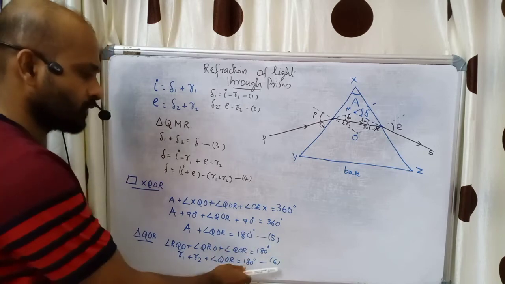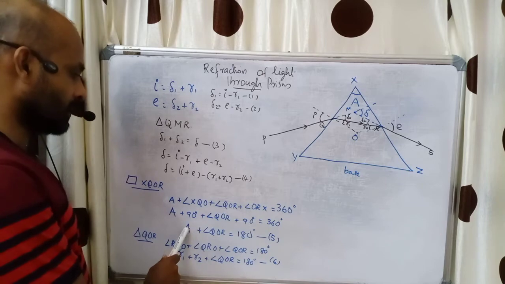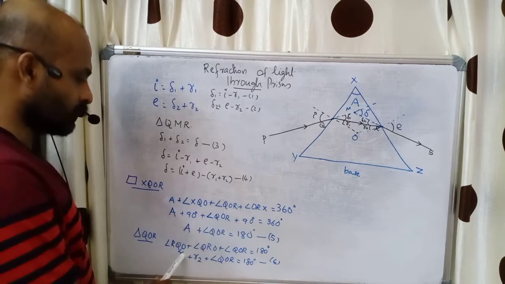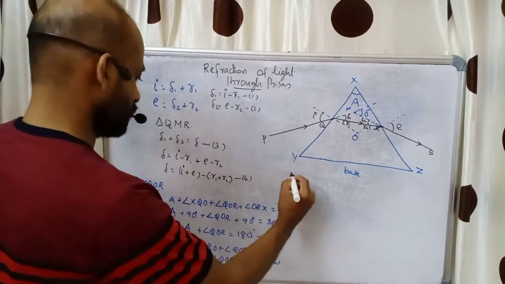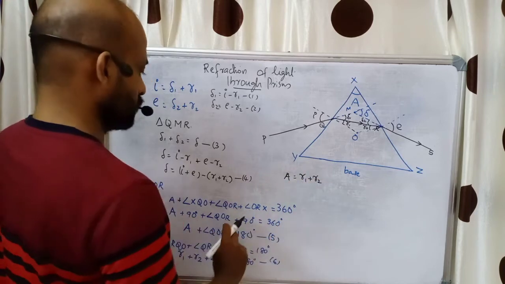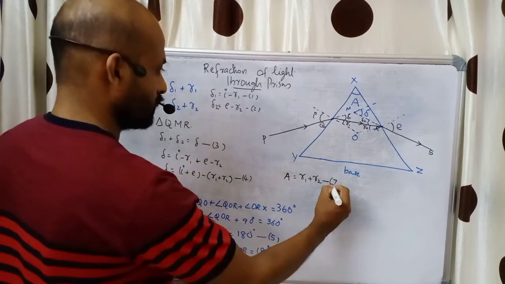We can compare equation 5 and 6. Comparing, right side we have 180 degree, left side angle QOR. Here we have angle QOR, and instead of A we have R1 plus R2. So generally we have the relation A is equal to R1 plus R2. So A is equal to R1 plus R2. This I will give equation number 7.